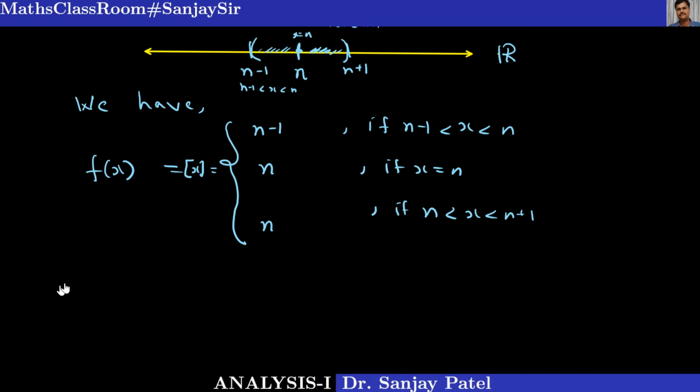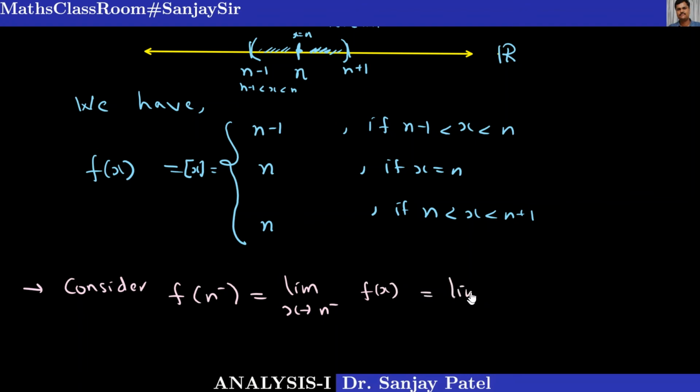So let me consider f of n minus, that is the left hand limit. That means limit x tends to n minus of f(x). By the discussion, when x is tending to n from the left hand side, that is x remains less than n, the function is n minus 1.